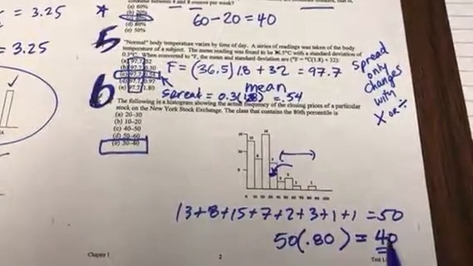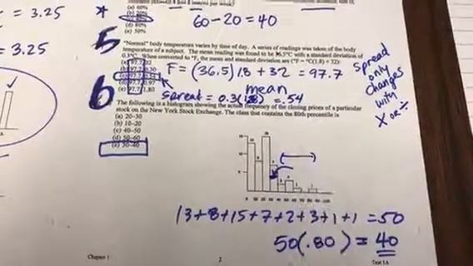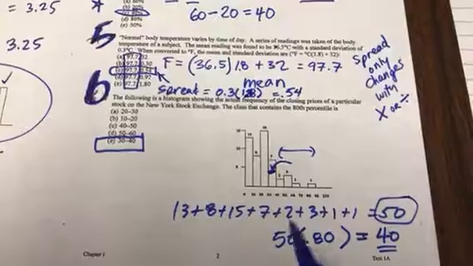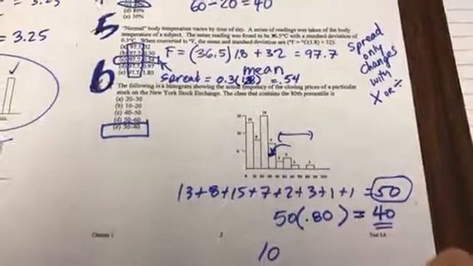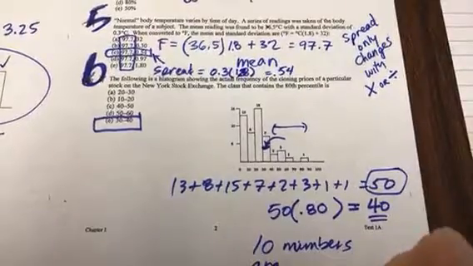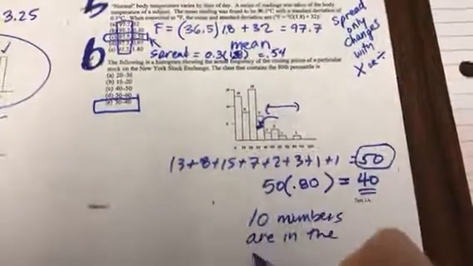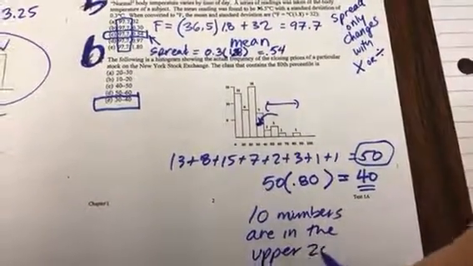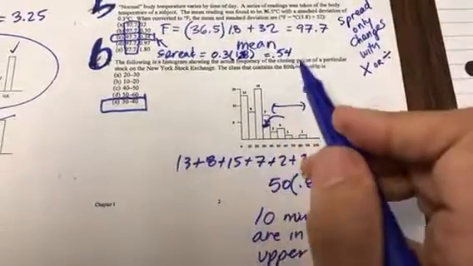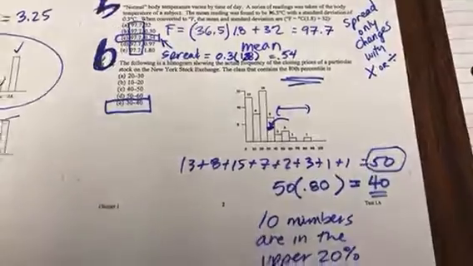The reason I'm getting 10 and not 80 is that if you only have 50 numbers, the top 10 numbers are in the upper 20%. And the upper 20% is another way to say the 80th percentile.